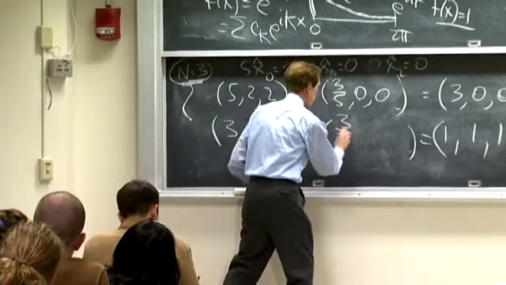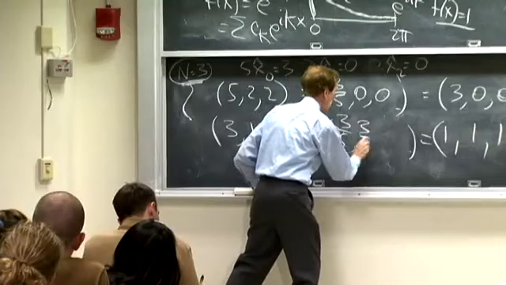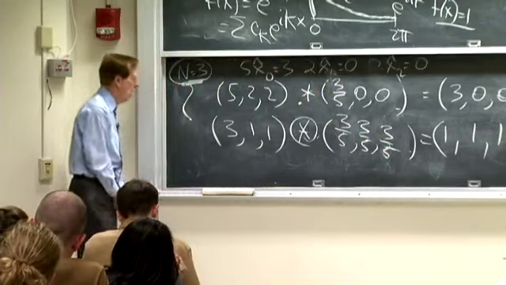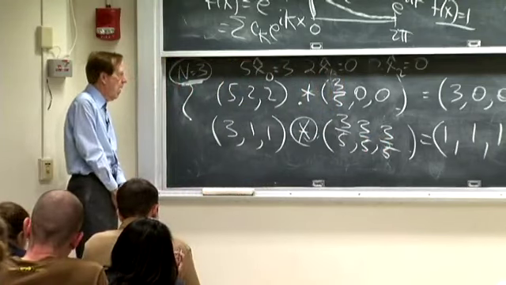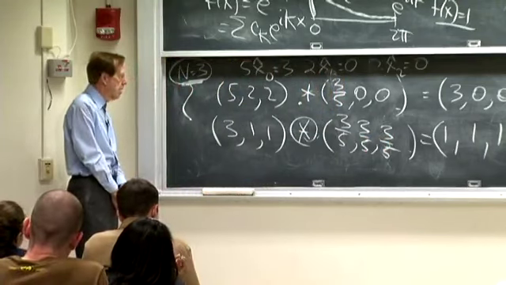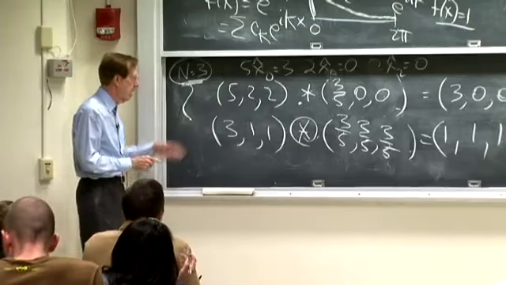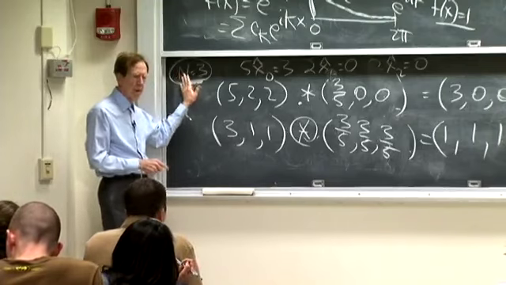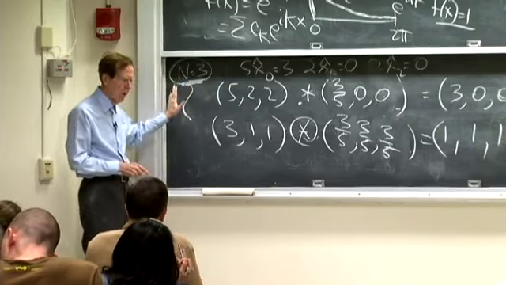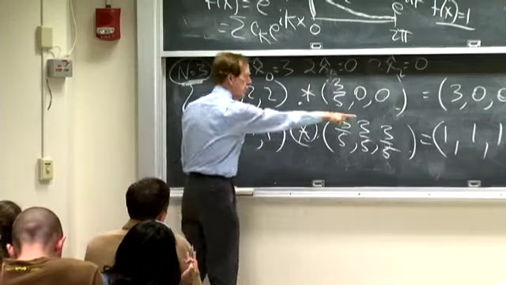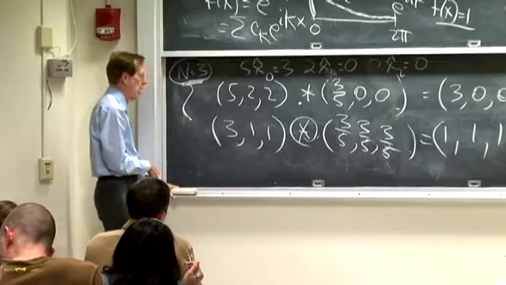Good. 3/5 all 3 times. Okay. And now I can check to see if it's right. And again, I have not attempted to get the 1 over n's right. I've just waited to the end. So now I'll just do this convolution and see if I really do get 1, 1, 1.